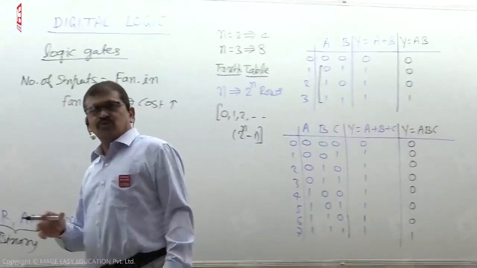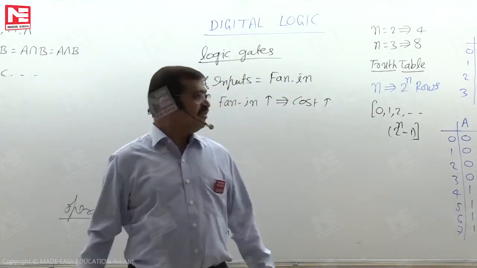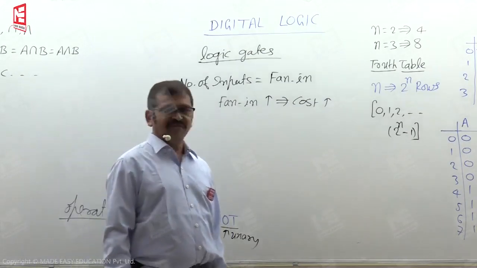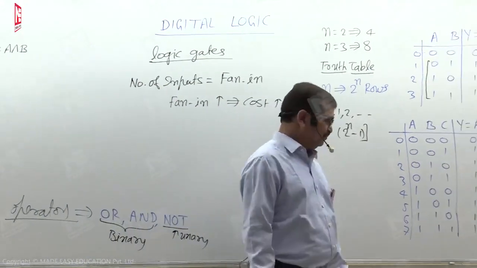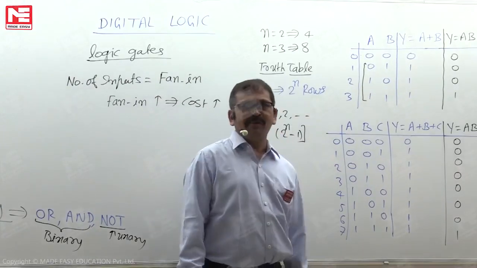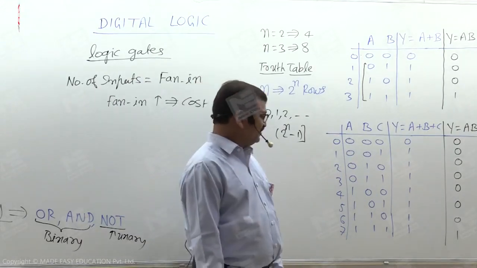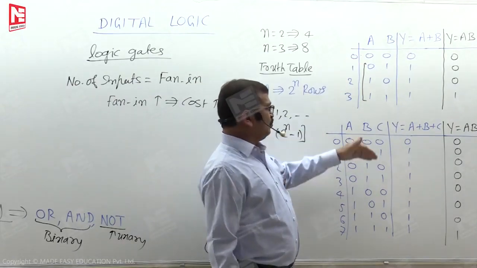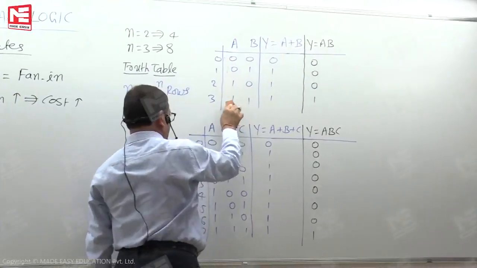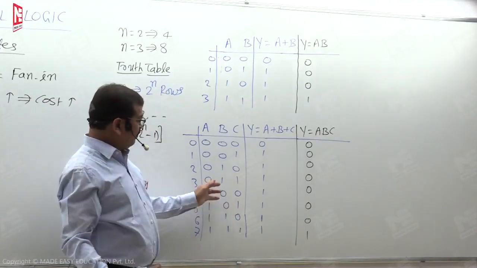While looking at these truth tables, it is possible to make a statement on the AND operation: the result of AND operation is 0 if at least one of the variables is 0. I am repeating, the result of AND operation is 0 if at least one of the variables is 0. Whether we look at the 3 variable or 2 variable case, other than the last row, at least one of the variables is guaranteed to be 0.